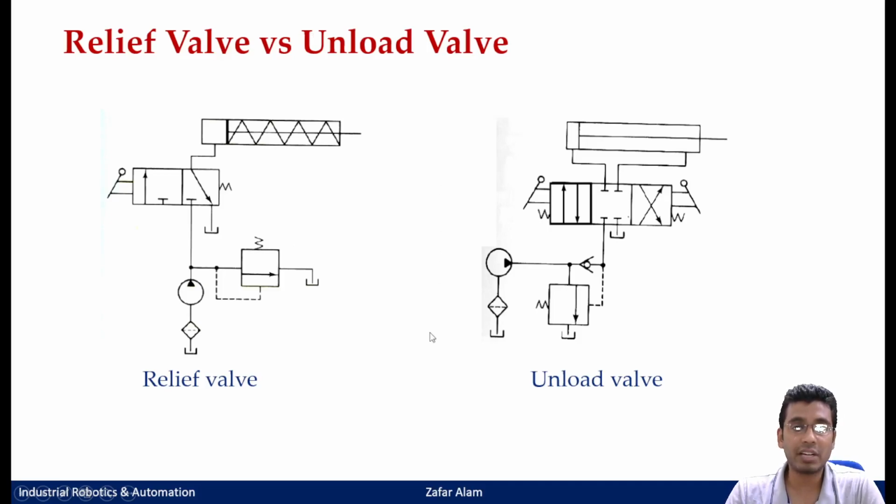An unload valve completely unloads your pump, whereas a relief valve only protects the circuit against any extra pressure build-up, but to maintain that pressure, the pump has to function regularly. It will never allow your pressure to go beyond that, but it will function up till that pressure itself.